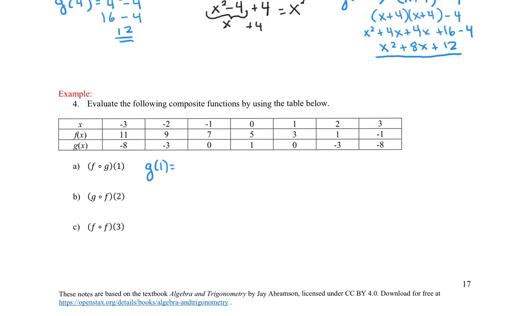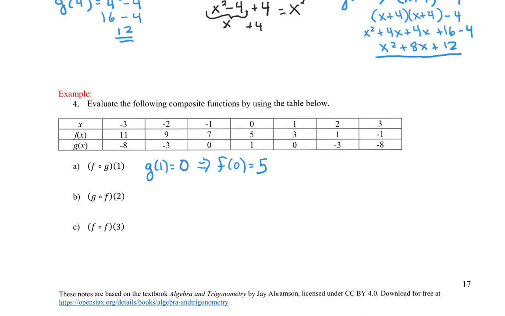Let's find g of 1. Here is g. Here is 1. When we find g of 1, that equals 0. Which means next we're going to take 0 and plug it into f. So the row here is f, 0 is right here, so f of 0 comes out to be 5.